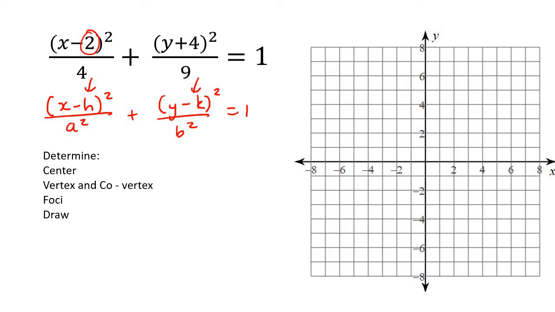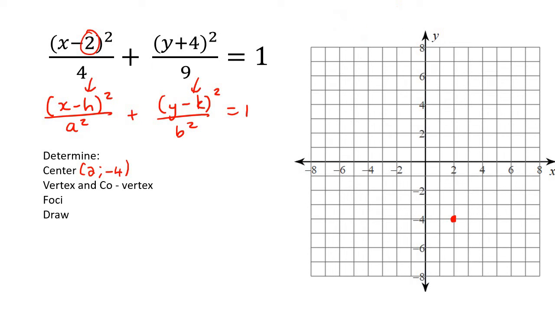That means the x value of the center is 2. But now look at this, it's a plus. So that actually means that the y value of the center is -4, because it's normally meant to be a negative. If it's a negative, then everything's normal. But now that it's a plus, it's the other way around. So the center is going to be at 2 and -4, which is over there. So let's fill that in, 2 and -4.